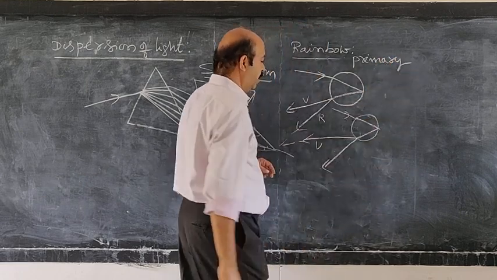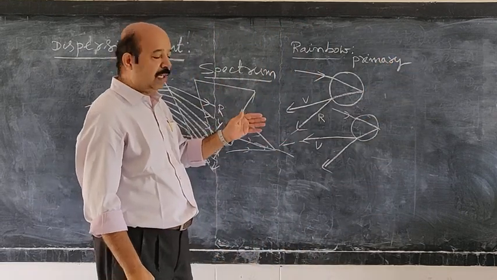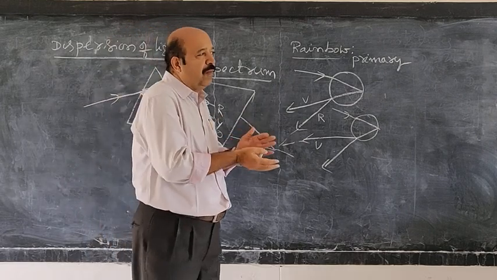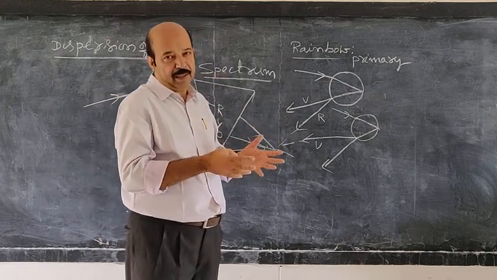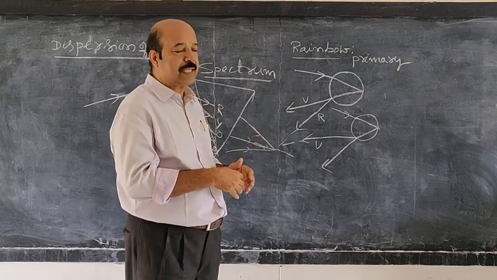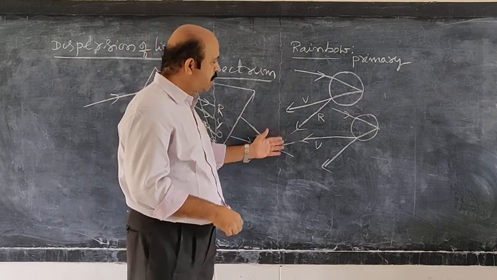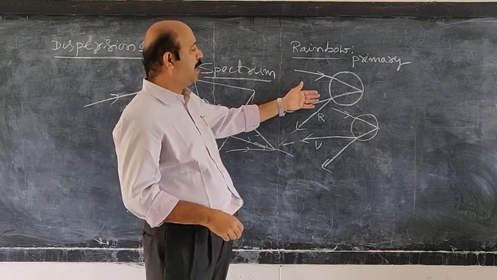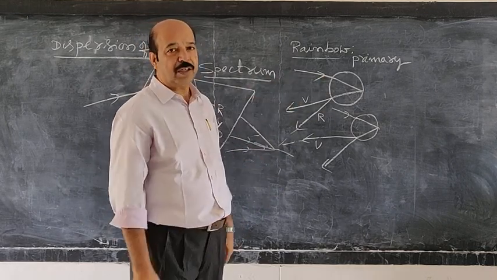You will see first the red color and at the bottom violet. Of course, the visibility of violet is a bit less, but still you can see. Like this, you can explain the formation of rainbow by dispersion of light due to the water droplets.